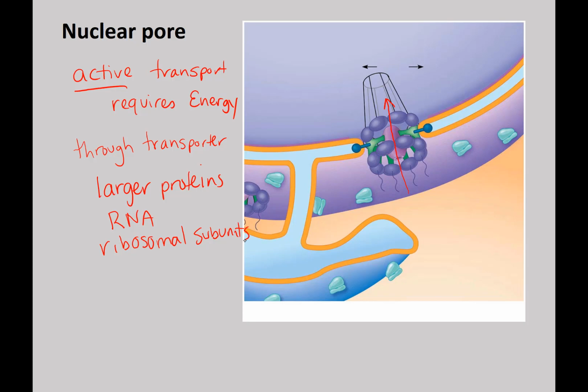So through the nuclear pore, small things less than 9 nanometers can go through by simple diffusion across the membrane, and larger molecules up to about 26 nanometers go through by active transport.